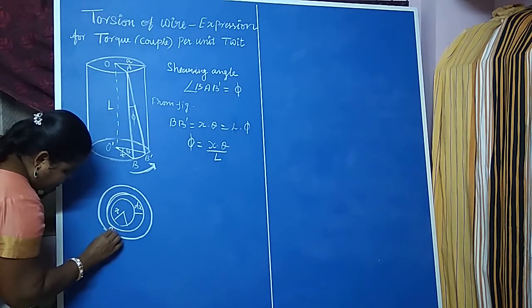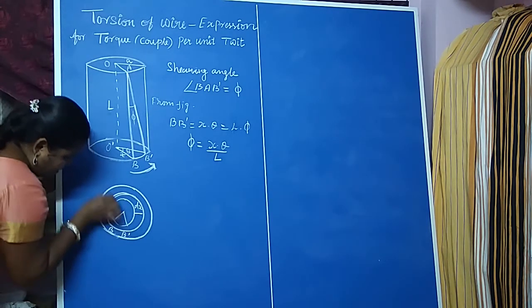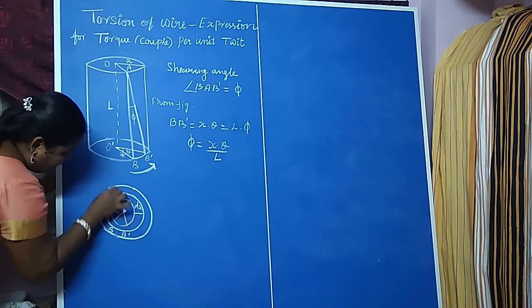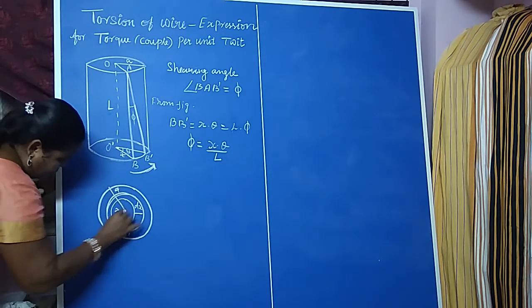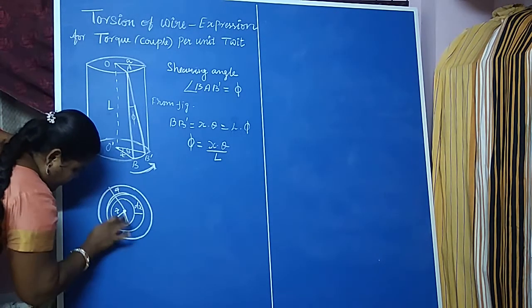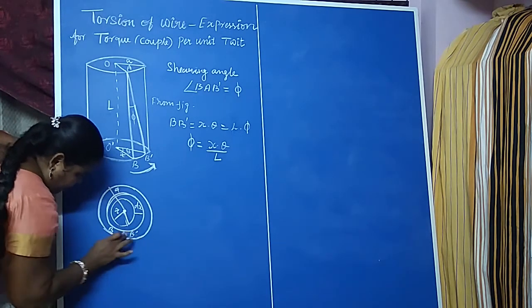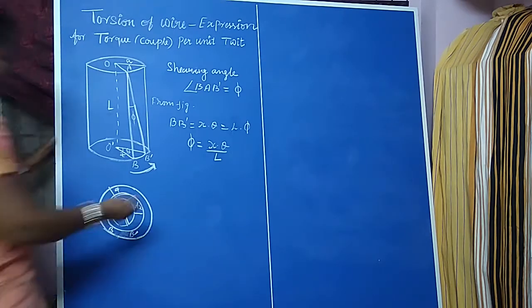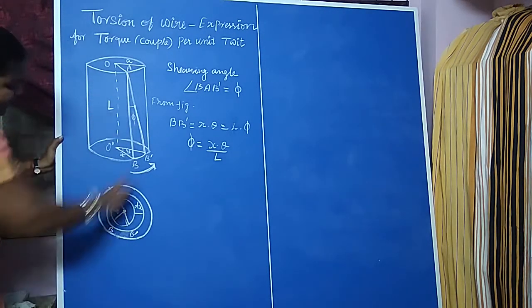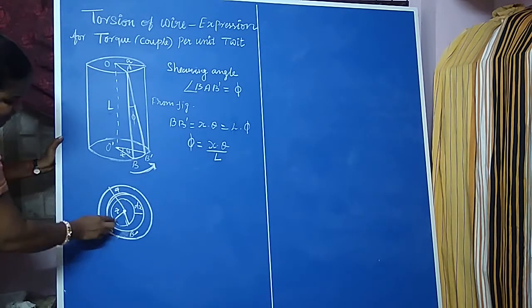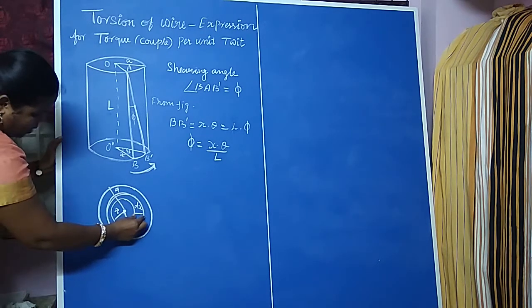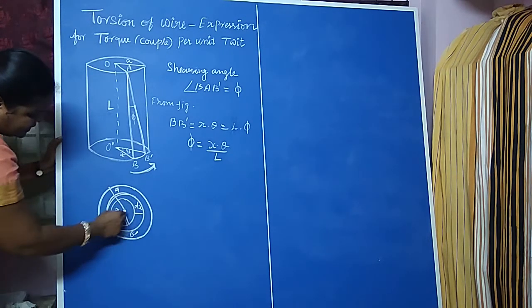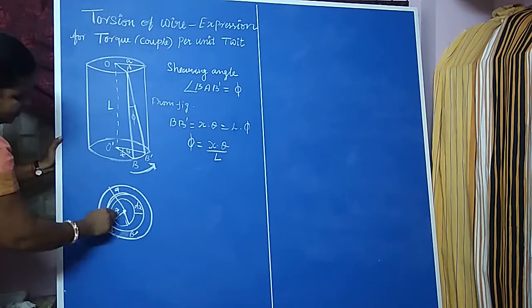This is the position B and B dash. The whole radius is a. So the cylinder consists of n number of coaxial cylinders. We are considering only one small cylinder of thickness dx and radius x from this figure.